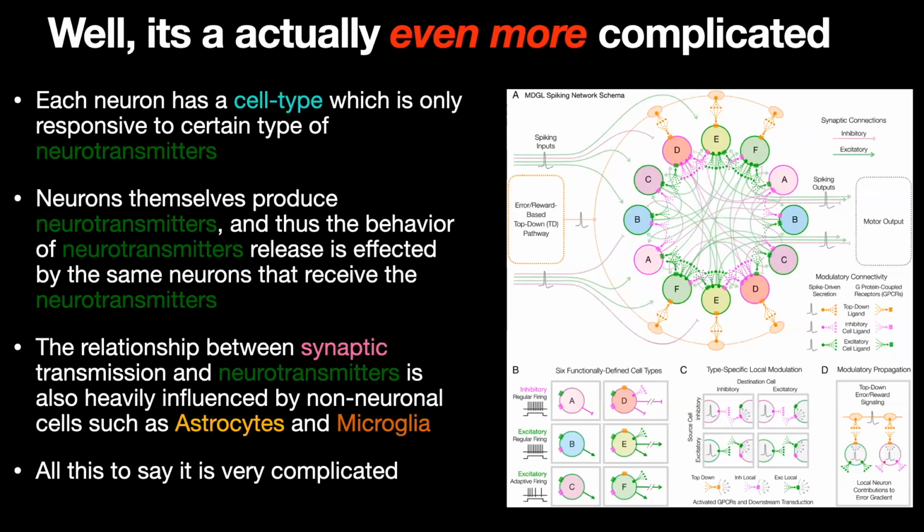Okay, it's actually a lot more complicated. Each neuron has a cell type, which is only responsive to certain types of neurotransmitters. Also, neurons themselves are the things producing the neurotransmitters that are diffused across the brain. And thus the behavior of neurotransmitters that are released are kind of affected by the same neurons that receive them. So it gets really complicated and messy and confusing.